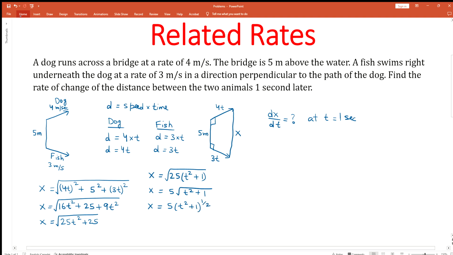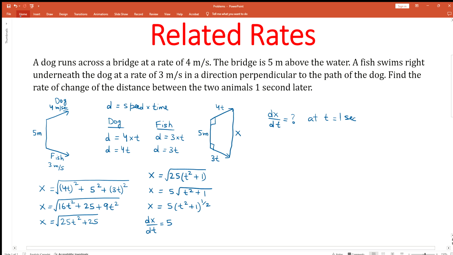Now we can find the derivative with respect to t. On the left side, the derivative of x with respect to t is dx over dt. On the right side, 5 is the coefficient of the term. It's a constant, so it will stay as it is. We should use the chain rule to find the derivative of (t^2 plus 1) to the power half. The inner function is t^2 plus 1. The outer function is the exponent half. As per the chain rule, we start with the derivative of the outer function.